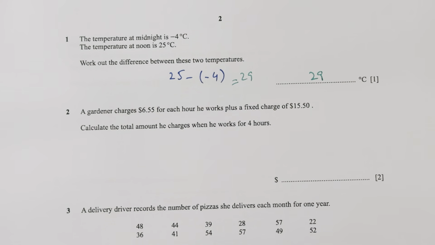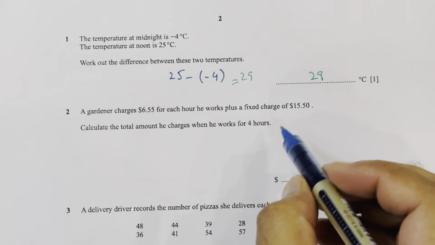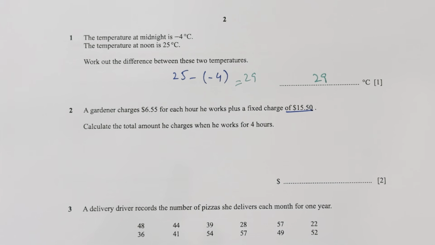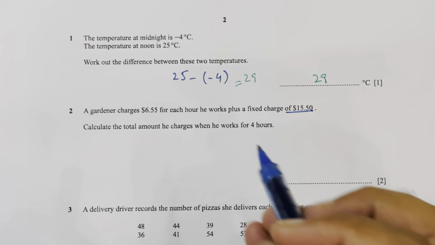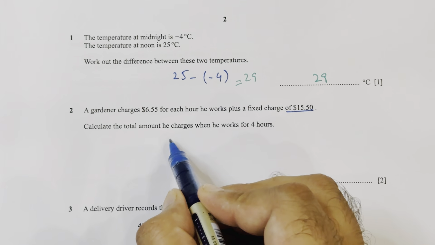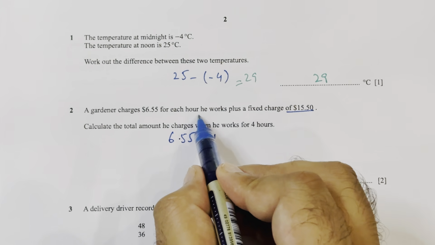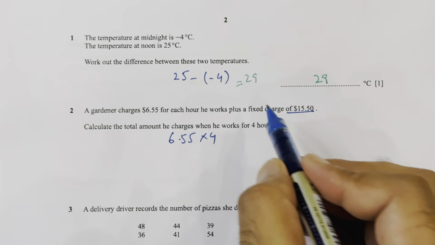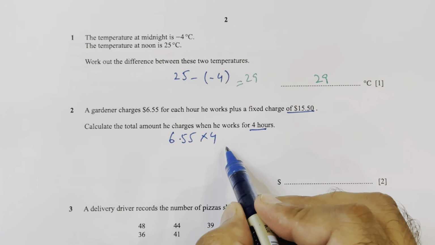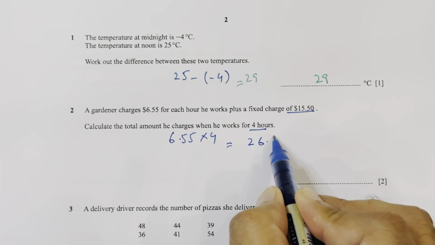Moving to question number 2, a gardener charges $6.55 each hour he works plus a fixed charge of 15.50. Calculate the total amount he charges when he works for 4 hours. So it means 6.55 multiplied by 4 because he worked for 4 hours, so it would be 26.20.